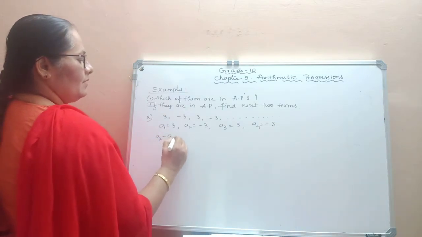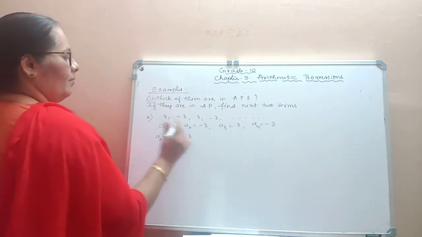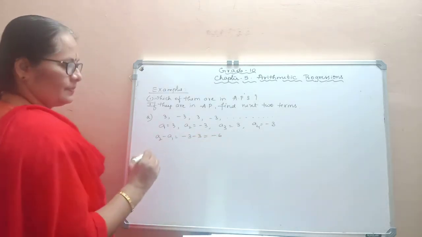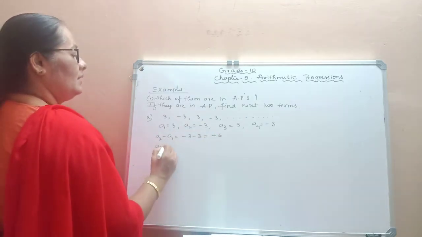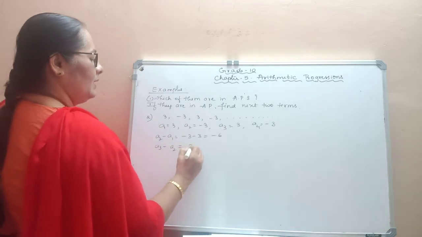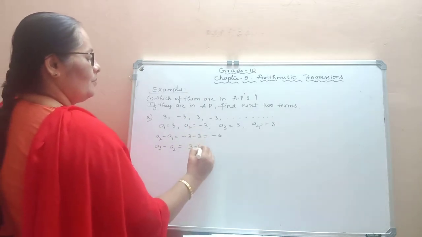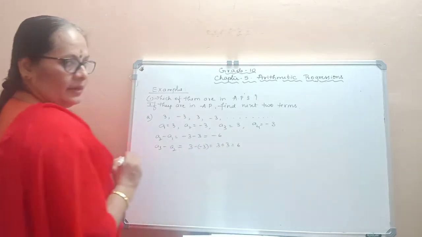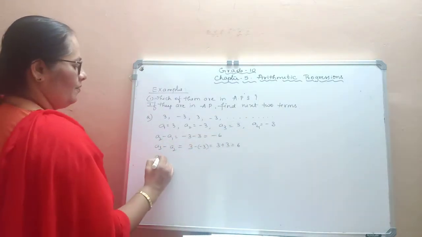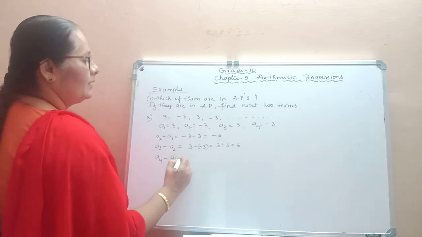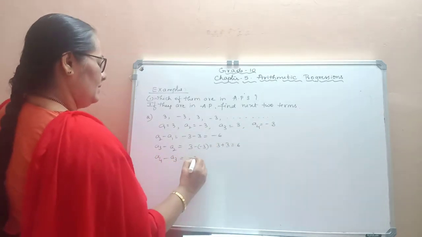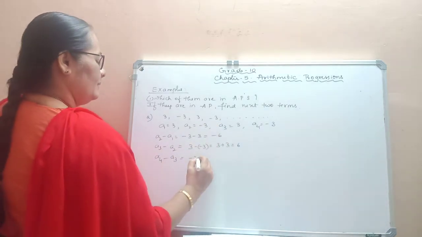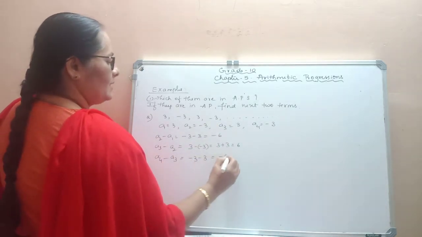A2 minus A1, that is minus 6. Then A3 minus A2, 3 minus of minus 3, which is 3 plus 3, 6. Right? Similarly, A4 minus A3. A4 is minus 3, A3 is 3, which is minus 6.